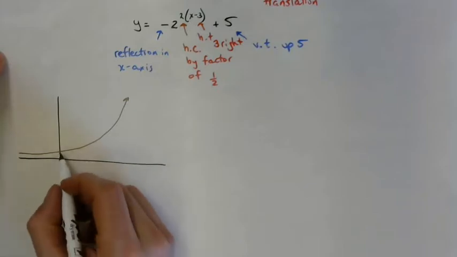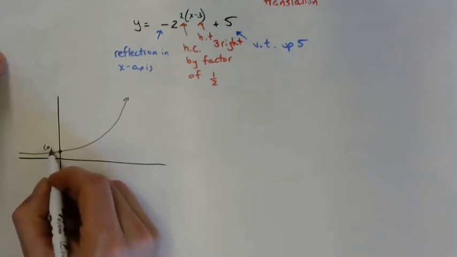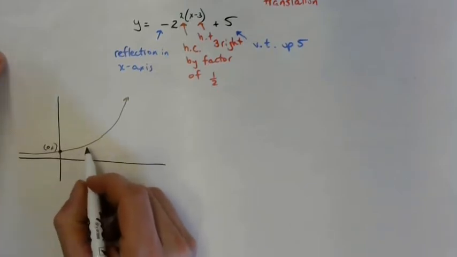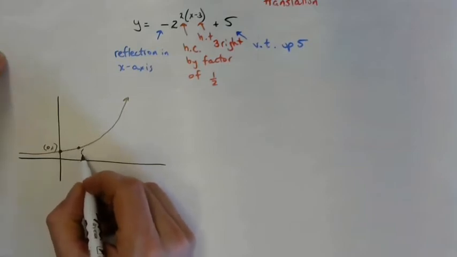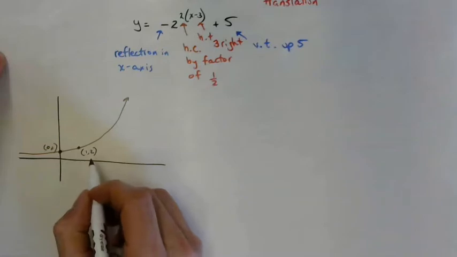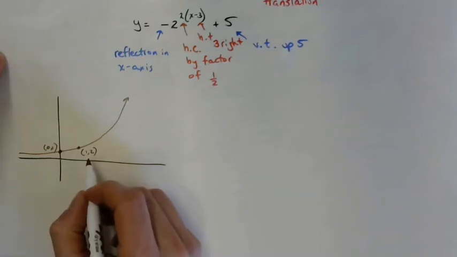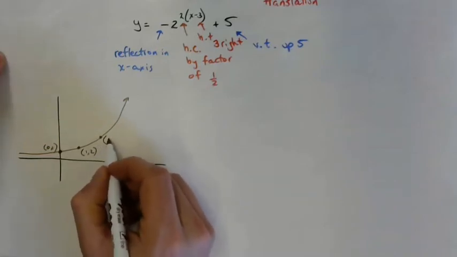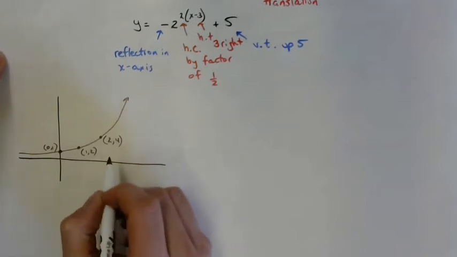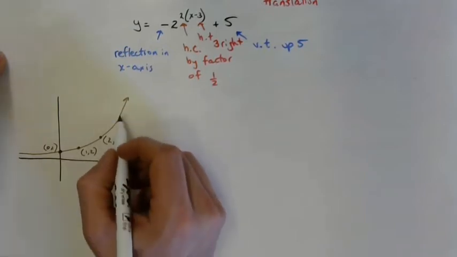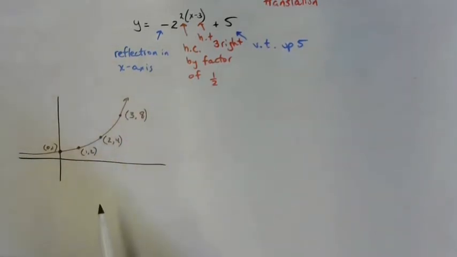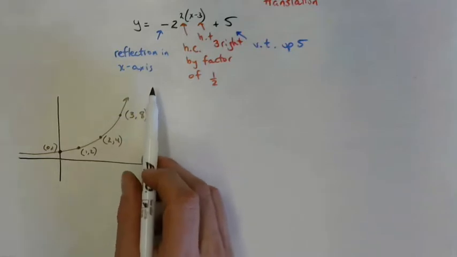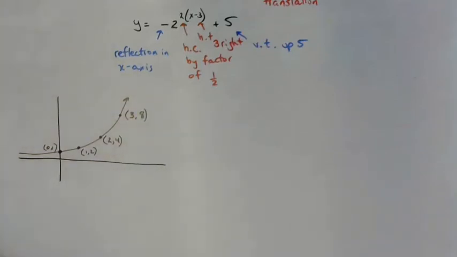It goes through 0, 1, 1, 2, 2, 4, and 3, 8. You can pretty much figure out what's happening here: 2, 4, 8, 16, 32, etc.